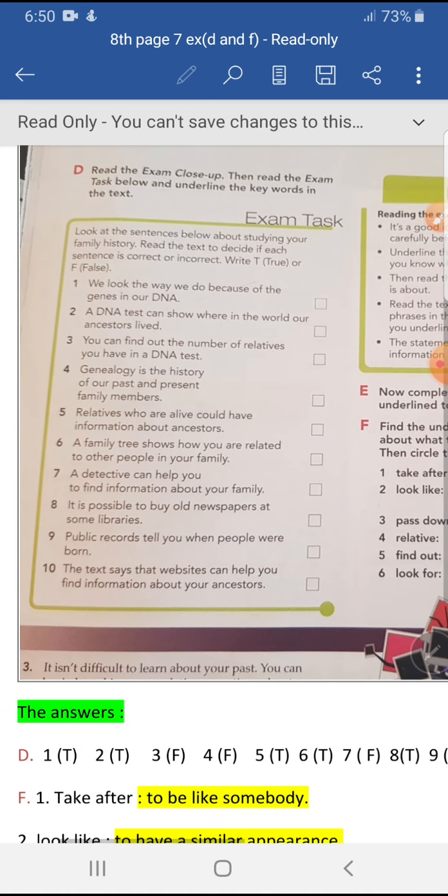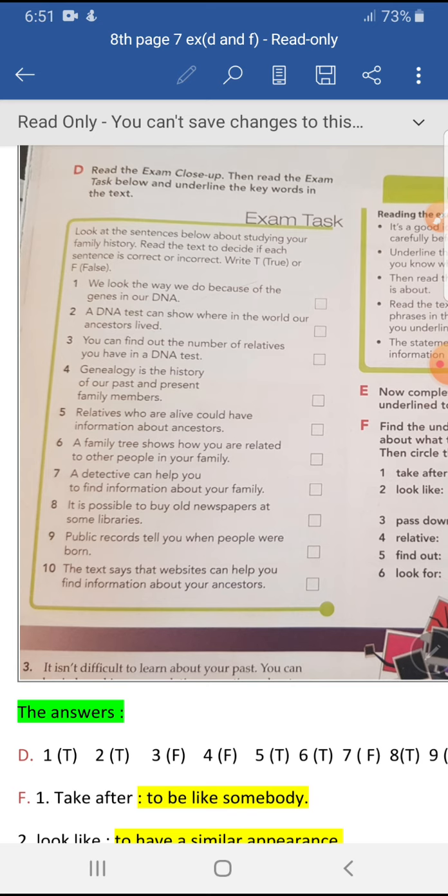So, true. 9. Public records tell you when people were born. Of course, true. Yes, because they have information about birth certificates. Also, it is mentioned in paragraph number 4. Okay.